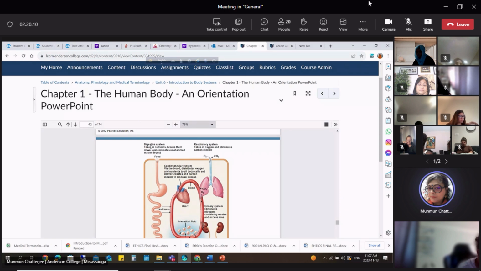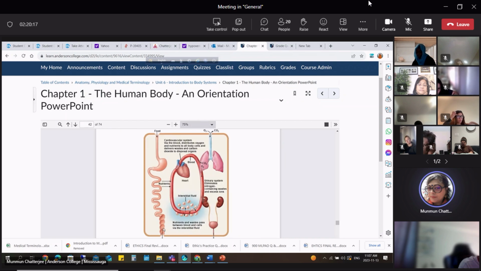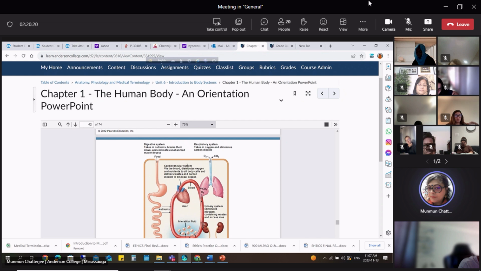So he says the digestive system takes in nutrients, breaks them down, and eliminates unabsorbed material as feces. Okay. Then nutrients go in. The respiratory system takes the oxygen in and lets the carbon dioxide out. This oxygen is then circulated. The cardiovascular system, via the blood, distributes oxygen and nutrients to all body cells and delivers waste and carbon dioxide to the disposal organs.